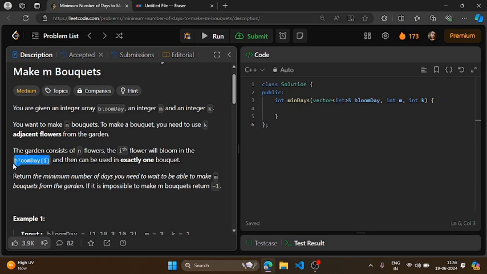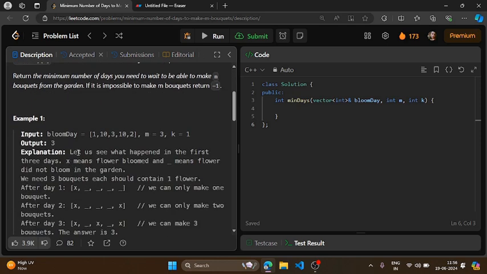Then we can use it in exactly one bouquet. So we can use one flower in only one bouquet; we cannot reuse it. We have to return the minimum number of days we will need to be able to make m bouquets from the garden, and if it is impossible to make m bouquets, you have to return -1.